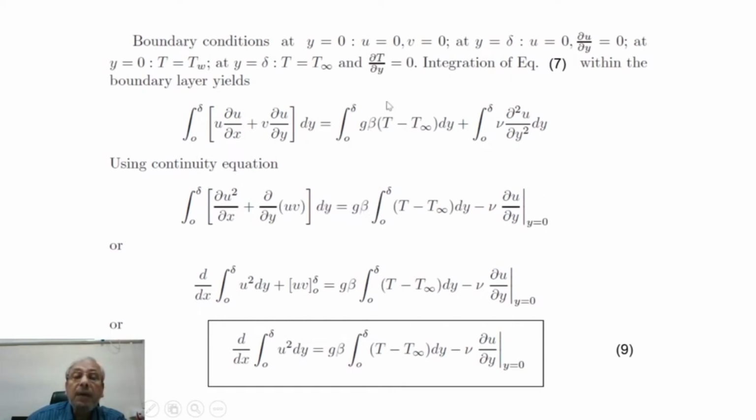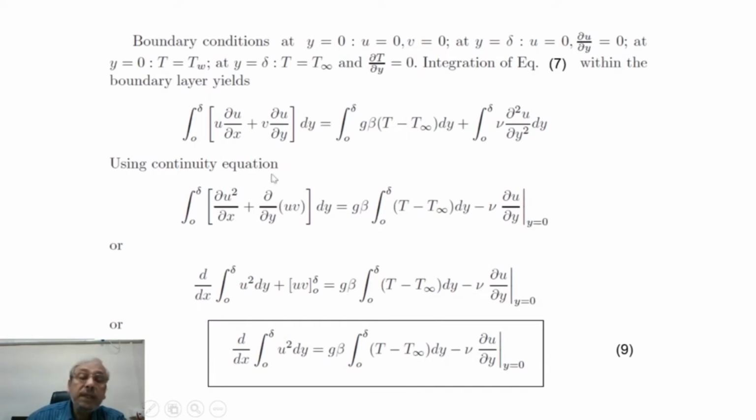G beta we can pull out of the integral sign, t minus t infinity dy. Here the integration is nu del u del y. At y equal to delta, del u del y is 0, then the lower limit gives minus nu del u del y at y equal to 0.